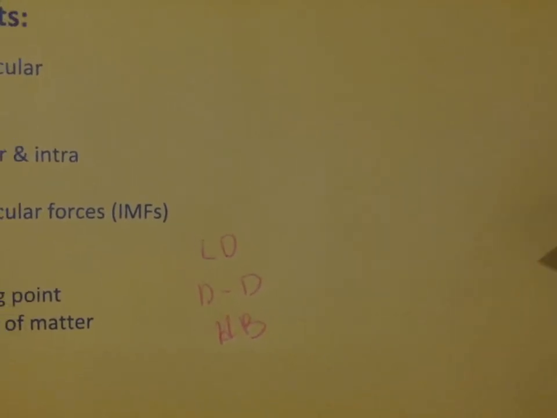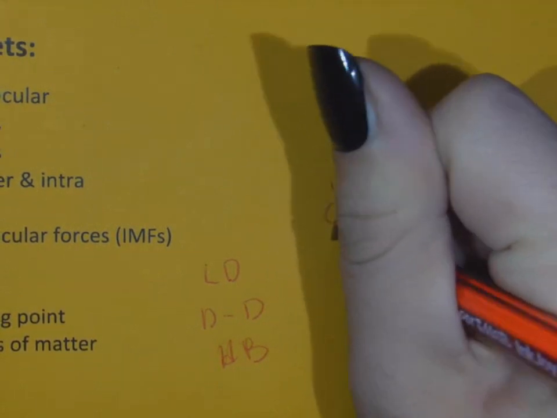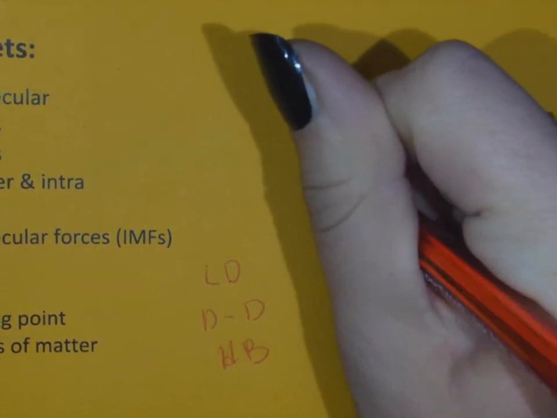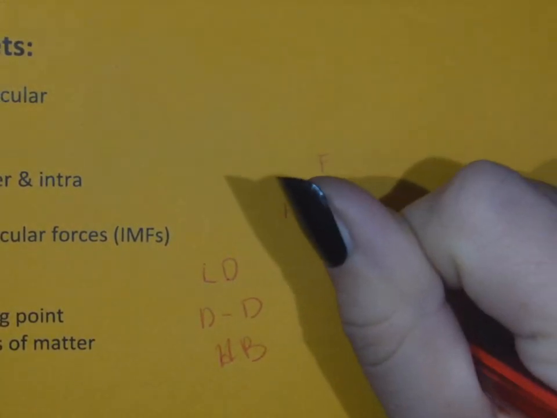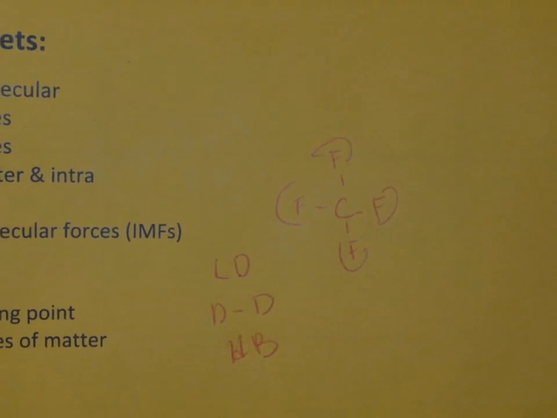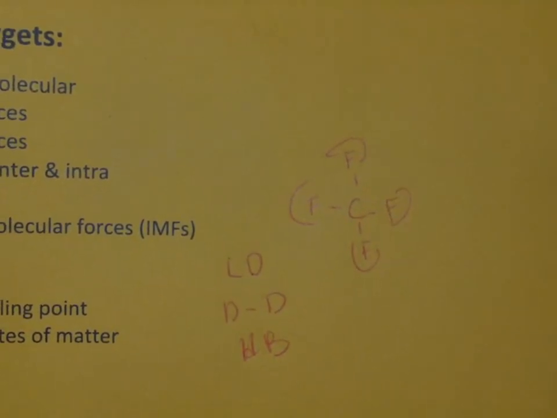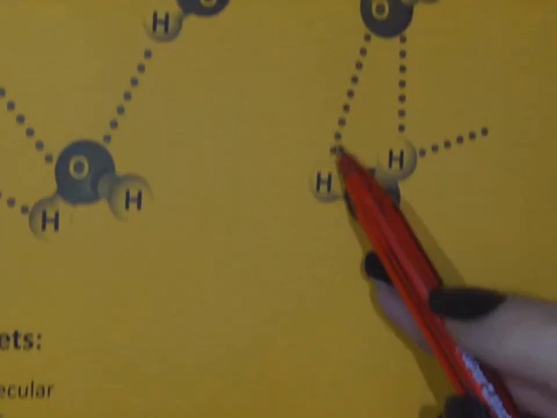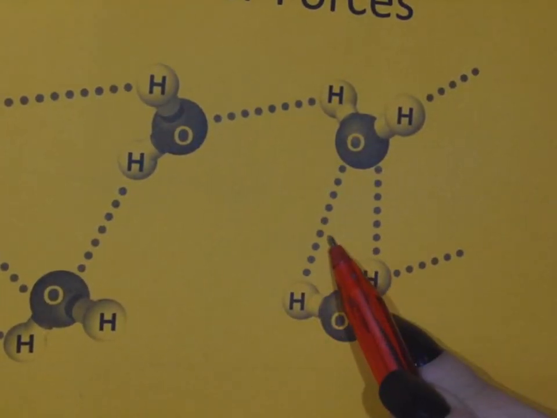So if I have, let's say, we got this molecule. So if there's a sample of these molecules, the CF4 molecules, what are the intermolecular forces that occur between them?